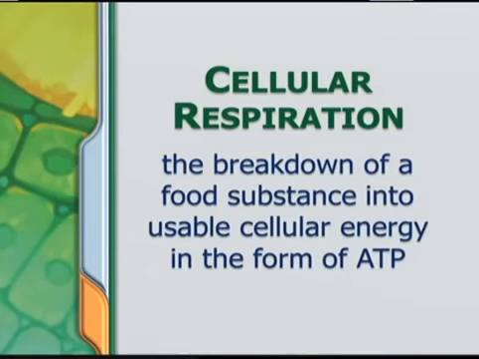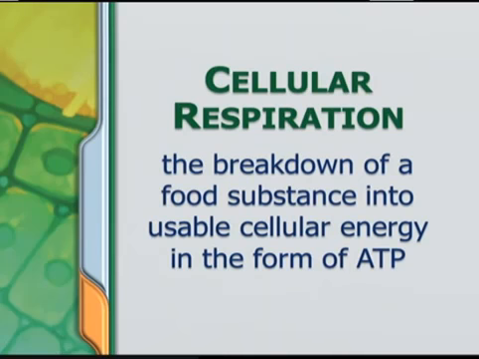It's like trying to put a $20 bill in a vending machine. You can't get ready-to-use cellular energy from glucose. You need a more moment-by-moment supply, like a quarter in the vending machine, and that, as you can see on the slide, is ATP. So remember that ATP is our usable form of cellular energy.